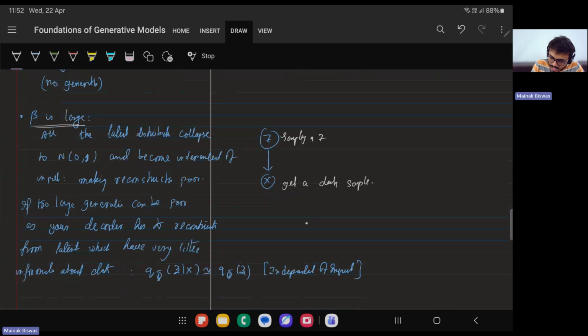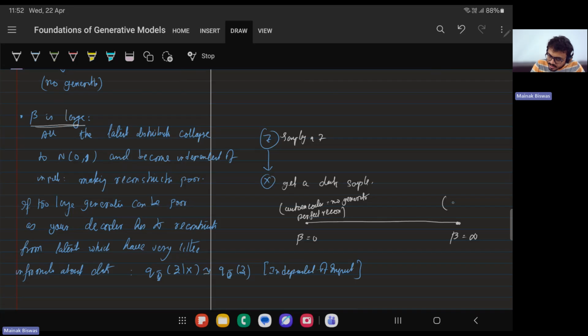So if you have a hyperparameter line here, beta equal to 0 and beta equal to infinity. At this end, it is just an autoencoder. Encoder, no generation, perfect reconstruction.